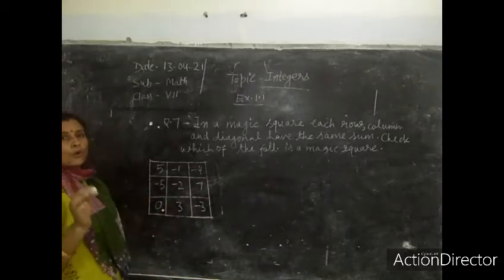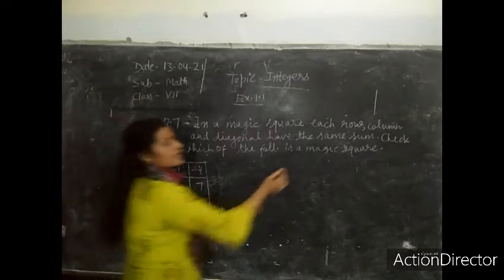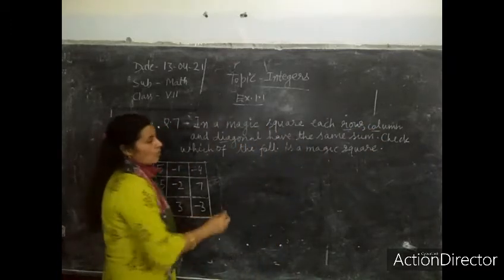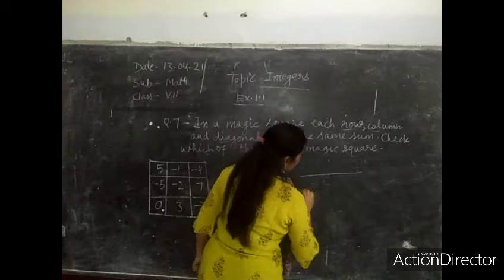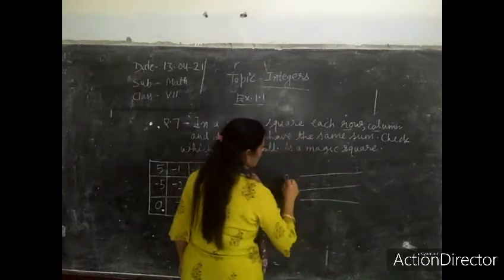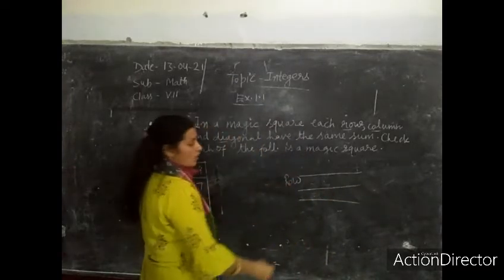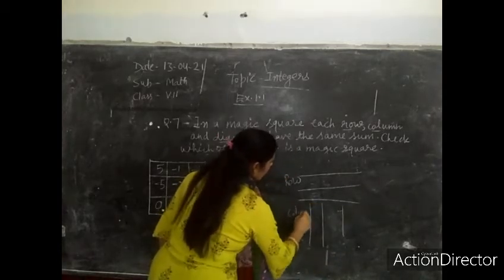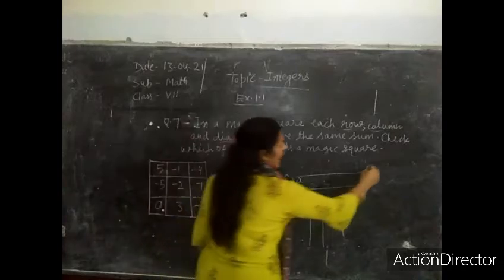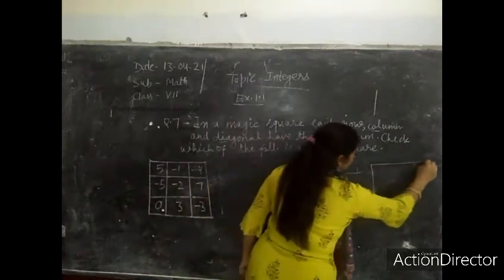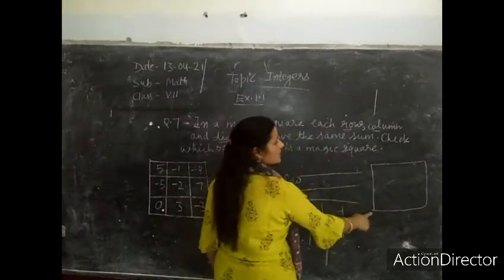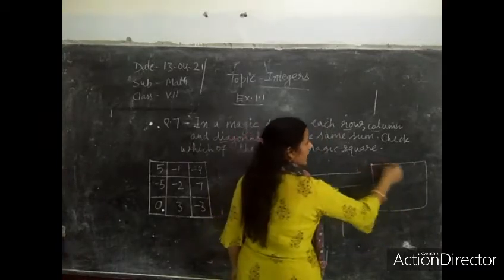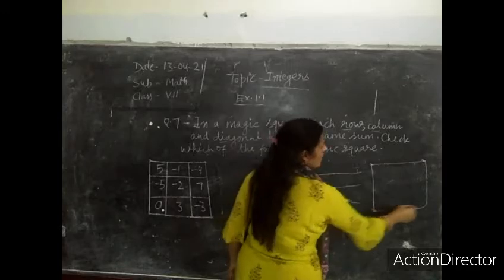We are going to use a few notations, because here row, column and diagonal are written. What does row mean? Horizontal lines are called rows, and vertical lines are called columns. You know that a square has 4 sides, so it has 4 vertices.